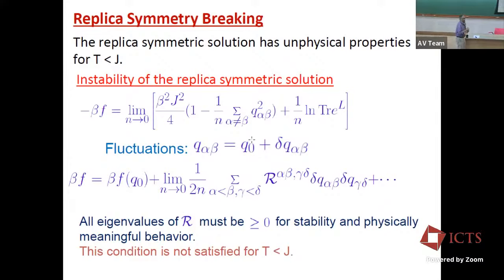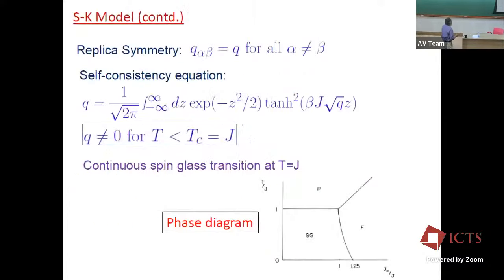Before you proceed, can I ask one question? What happens to the dependence of Q on temperature for T less than J? That you can calculate from this equation. Again, I'll just leave you with an exercise: do an expansion of these things in powers of Q. There will be a linear term, and then a higher order Q squared term.